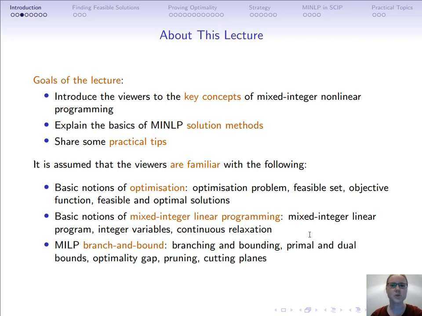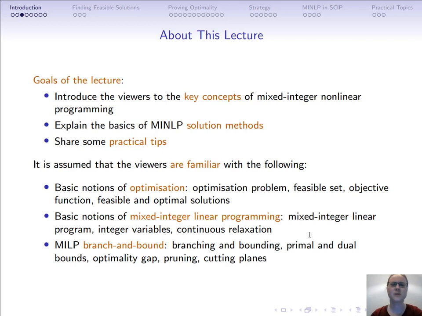And finally, some knowledge of algorithms is also assumed, and in particular of the branch and bound algorithm for mixed integer linear programming. The viewers are expected to know what the branching and bounding are referring to, then what a primal and dual bound is, what an optimality gap is and how it is used, what is pruning of a node, what are cutting planes and how are they generated and applied, and so on.